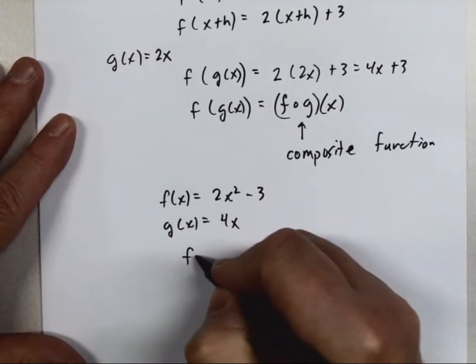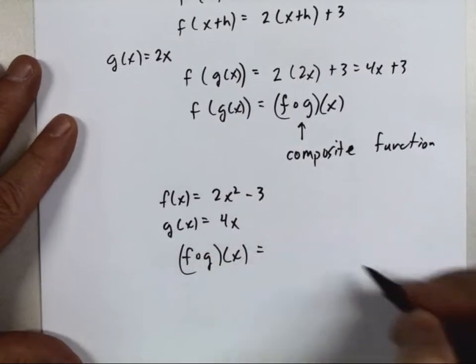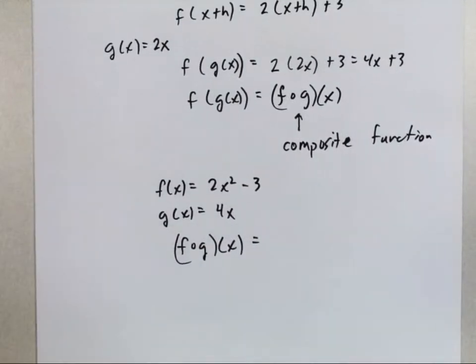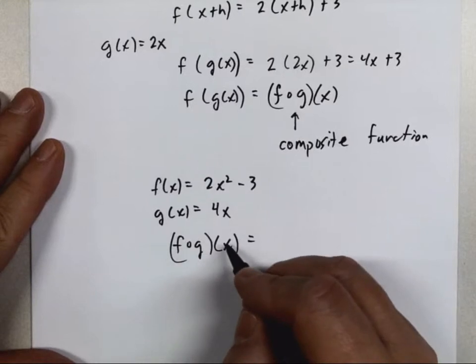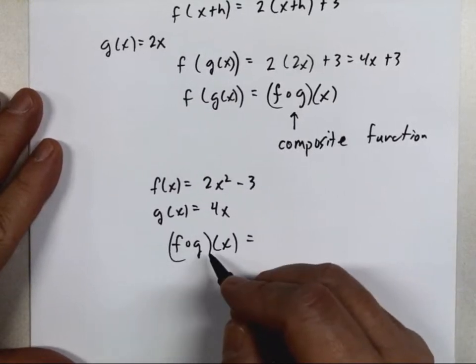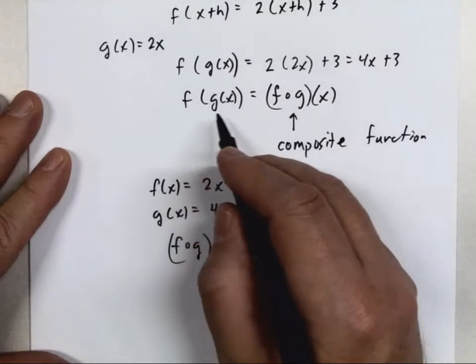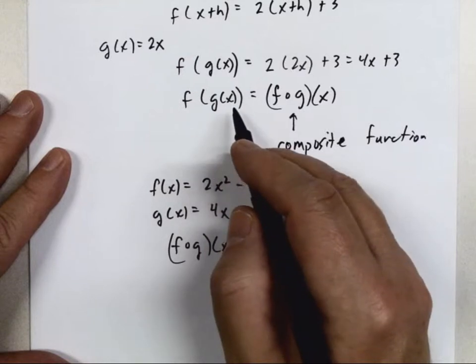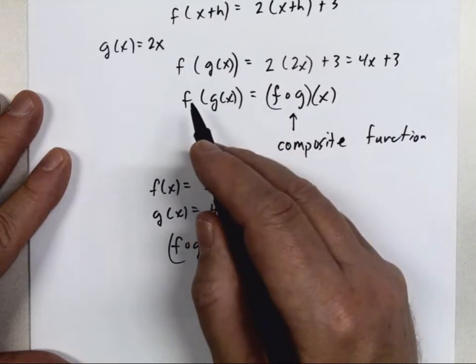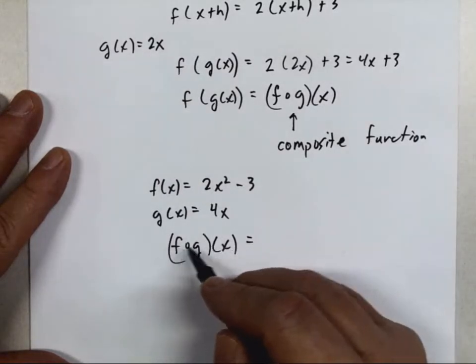And then they ask you, what is f composite g of x? Whenever I have a composite function, I always go back and rewrite it like this, because this to me is very clear, obvious, and easy to understand what to do. This notation is just a little funky.